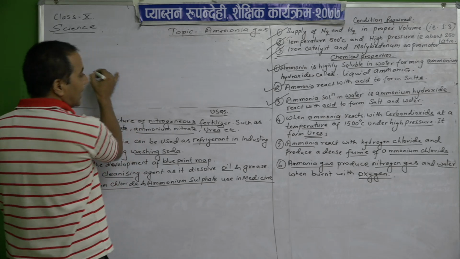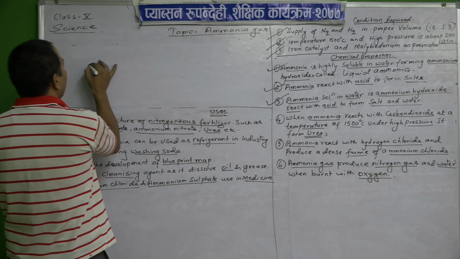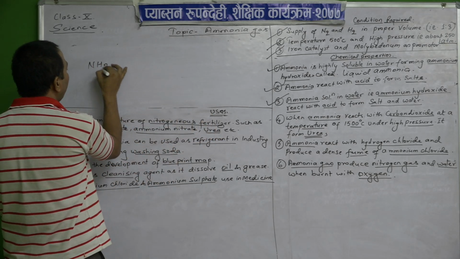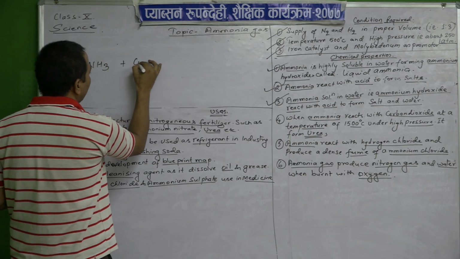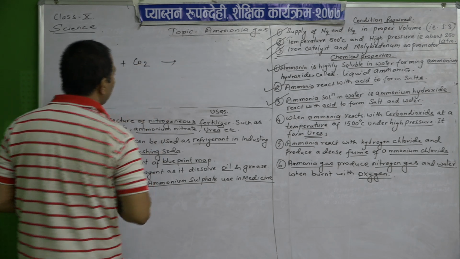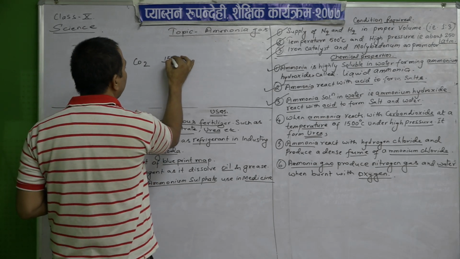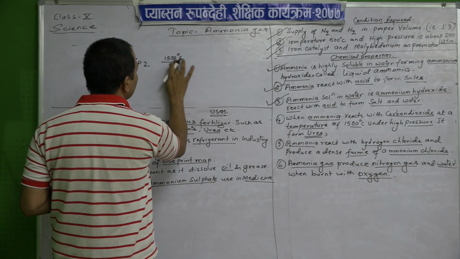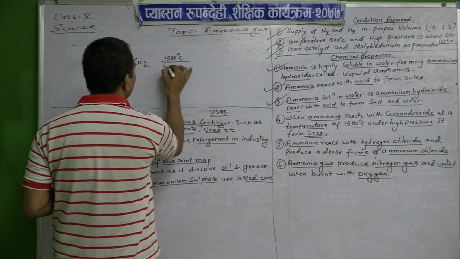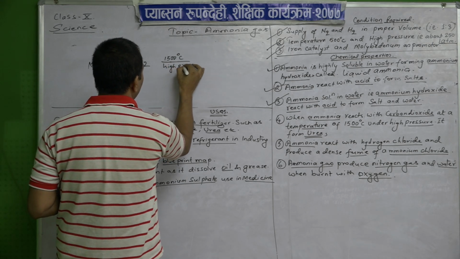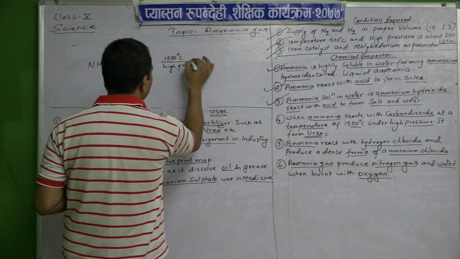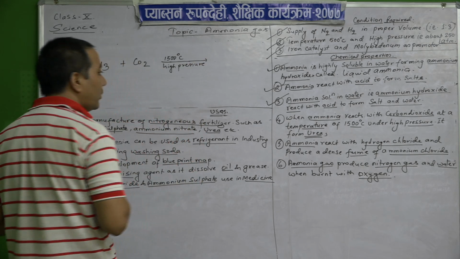Let us take the example: NH3 plus CO2, at 1500 degrees Celsius with high pressure, then what will it produce?